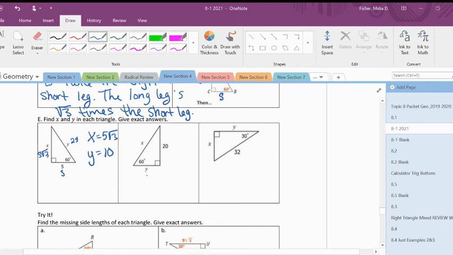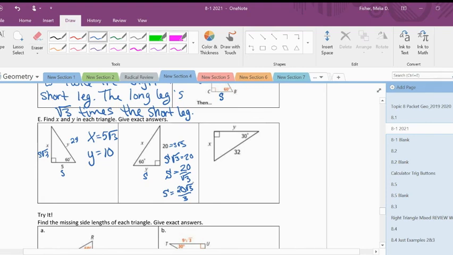The short leg here is y. The long leg was s square root 3, so I need to actually solve to find s. So s square root of 3 equals 20. We're dividing both sides by the square root of 3, so I get 20 over square root 3. That gives me 20 square root 3 over 3 for the value of s.